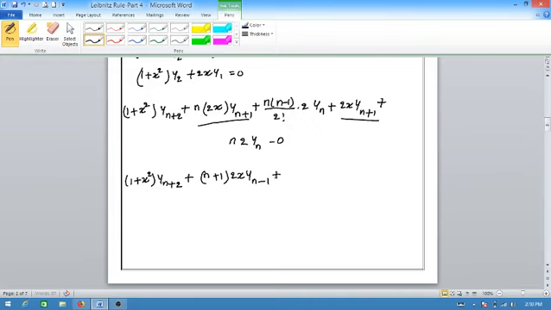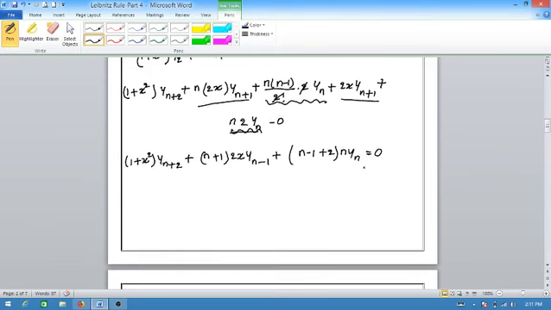Then plus, now in the yn term, this is a yn term and this is a yn term. So here 2 gets cancelled. n is common, then yn is common. So in the first term n minus 1 remains, plus 2 remains, n into yn is equal to 0.